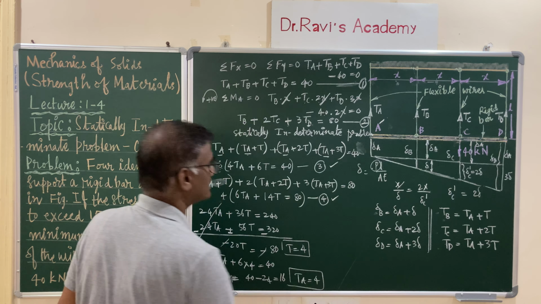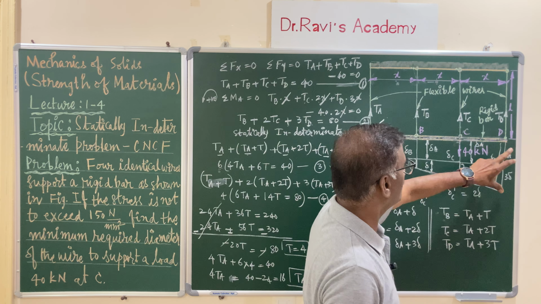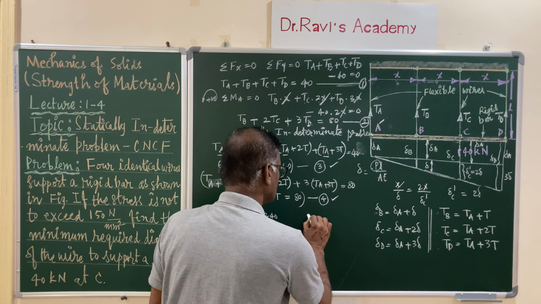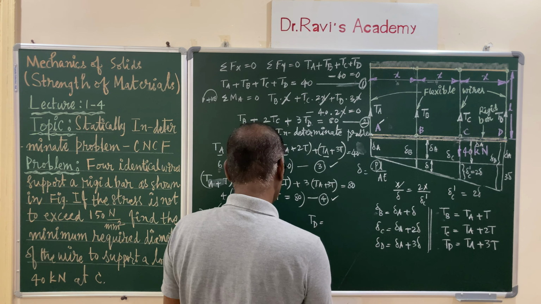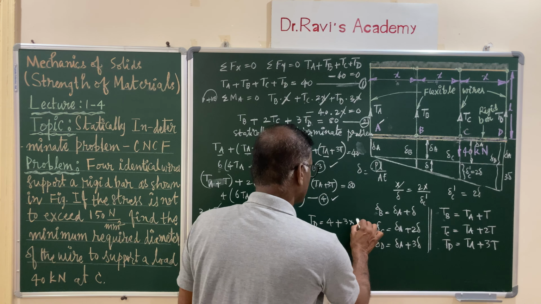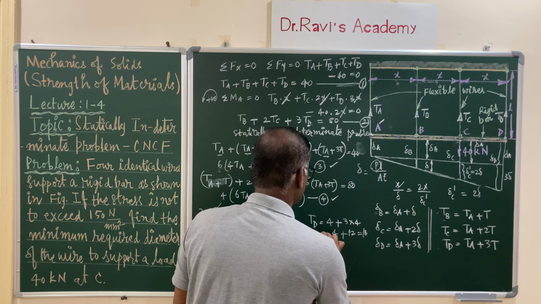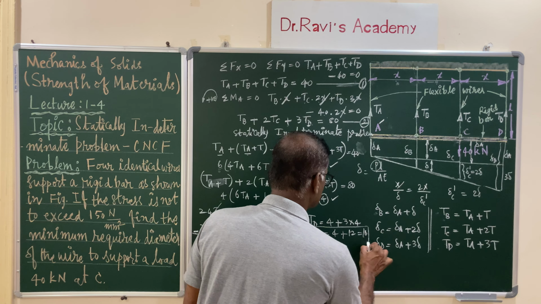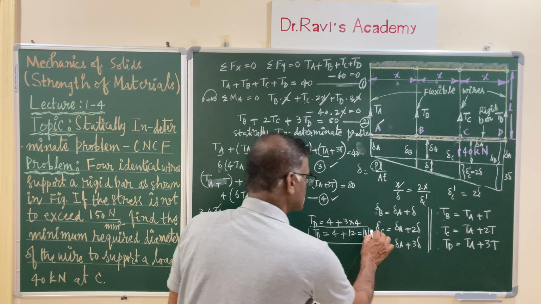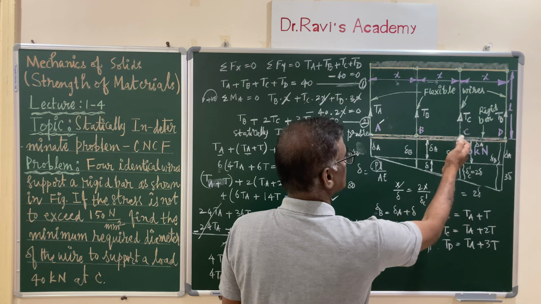You got T and TA. Observe carefully, because the deformation in D is larger, obviously the load will be more in this. So TD is TA, that is 4, plus 3 into 4, that is 4 plus 12, that is 16. So TD is the largest value. The largest value you have to consider in the design, that is 16 kilonewtons. All other loads, TA, TB, TC, will be less than TD.